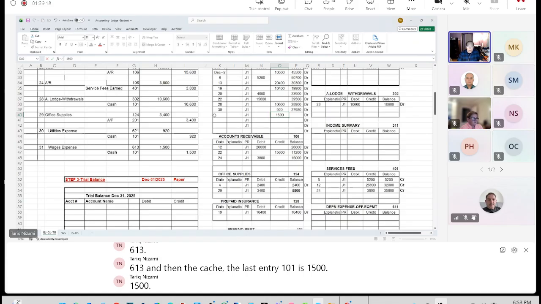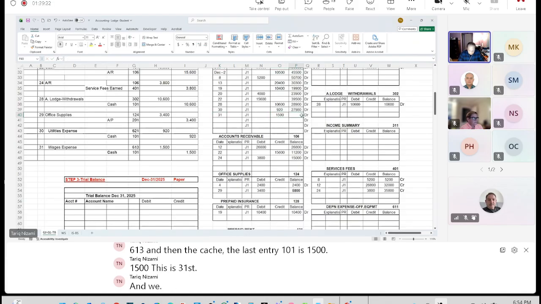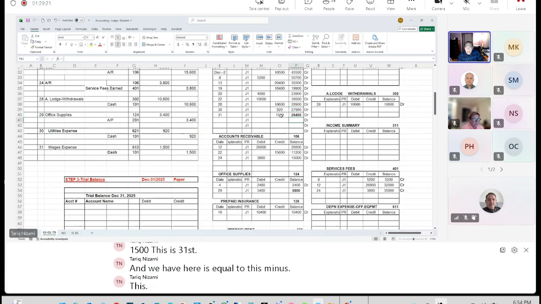This is the 31st. And here is equal to this minus this, enter. Okay.